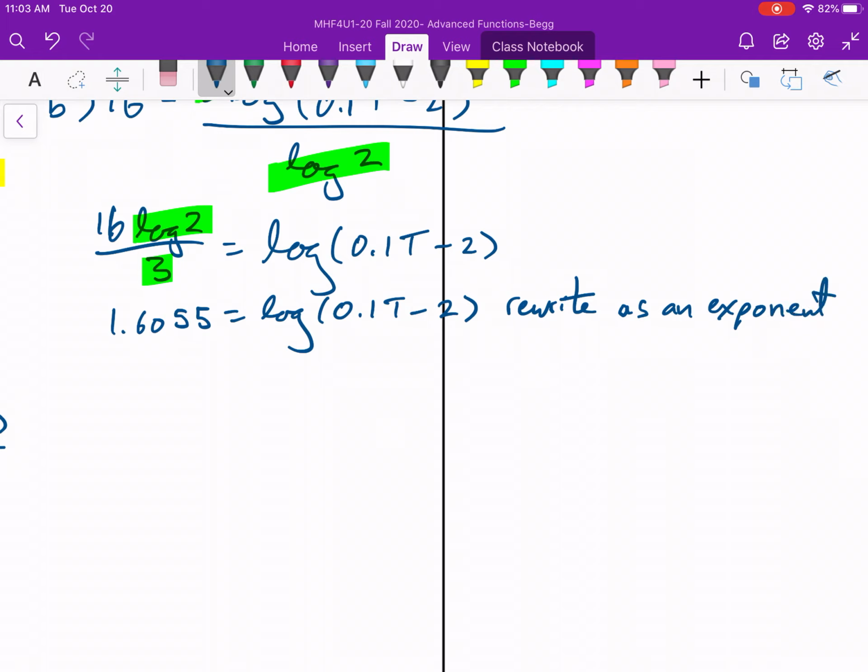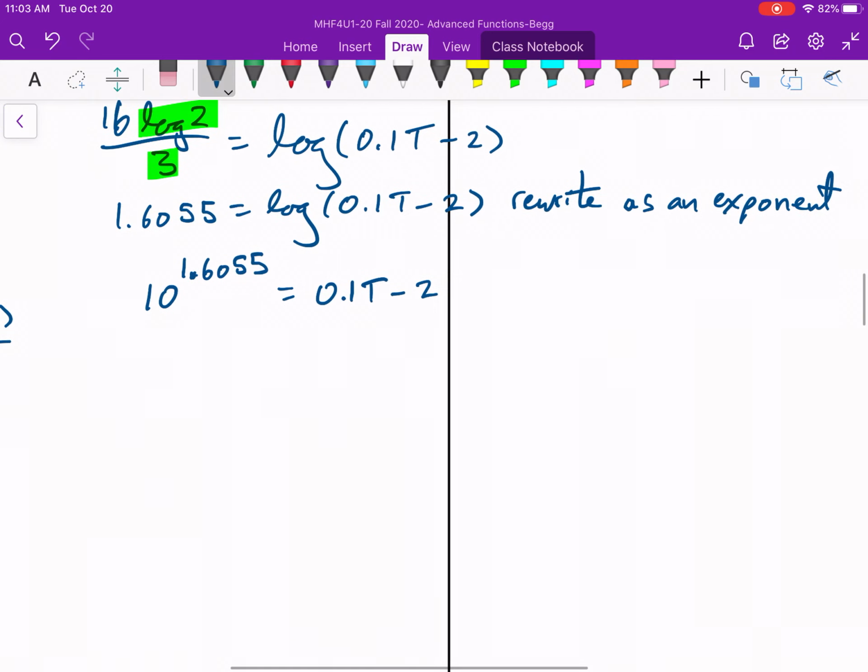So my base, remember this is a common log, so my base is 10. My exponent is what's by itself, which is the 1.6055. And my argument is the 0.1 times t minus 2. But the beauty of doing this is now I've gotten rid of the log, and I can continue to isolate t.